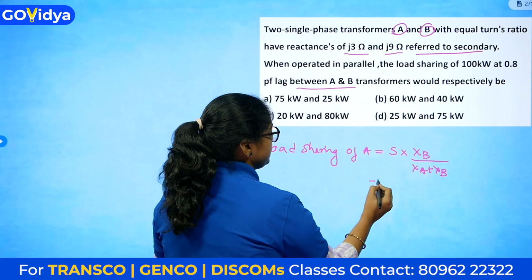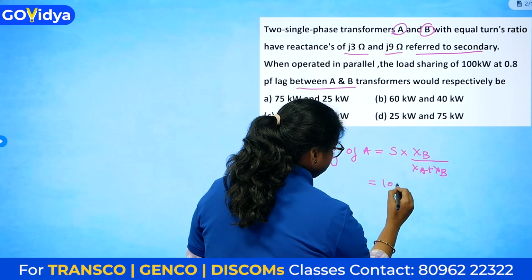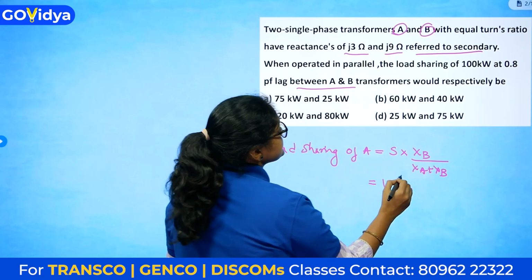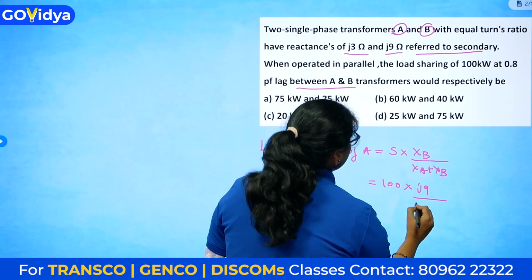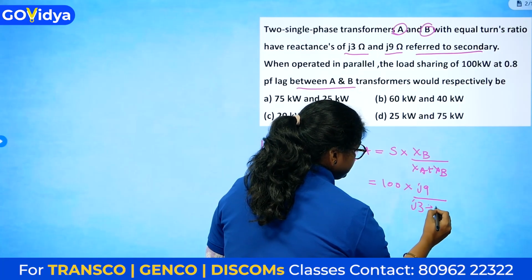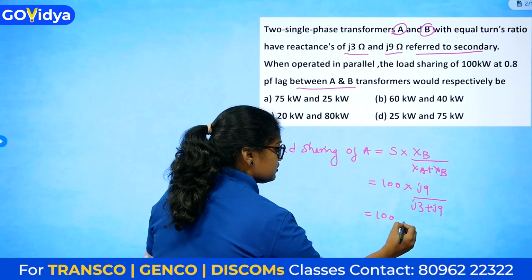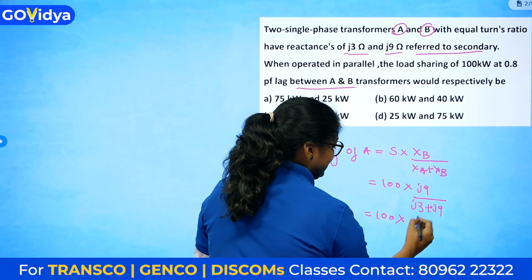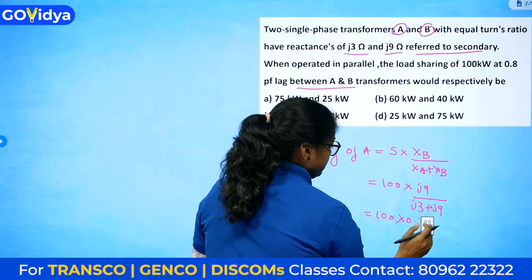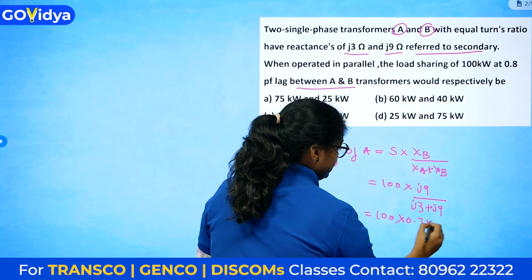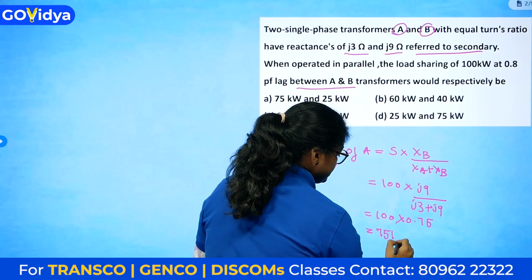The S given in the problem is 100, into XB which is j9, by XA which is j3, plus j9. So 100 into 9 by 12, we will get 0.75, which is nothing but 75 kilowatts.